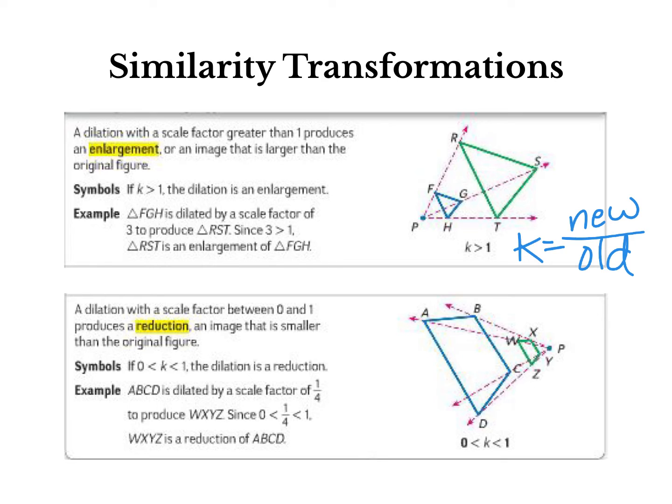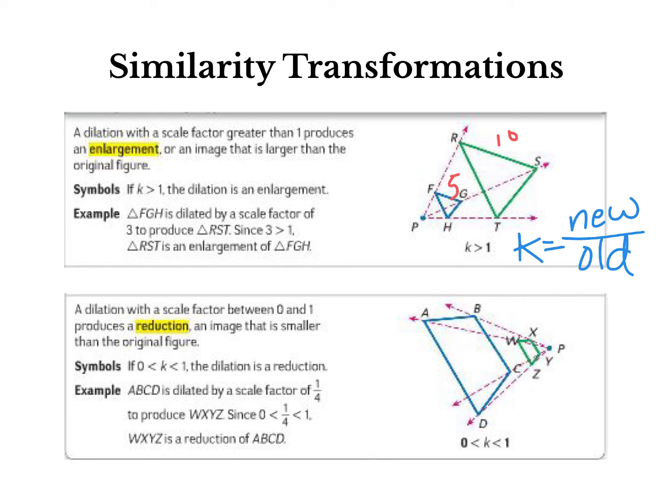Let's say that we're given this information. In this triangle on top, we have 10 and 5. If we wanted to find the scale factor, we would look at the new image. If it's going from the blue one to the green one, the new one would be the green one, and the old one would be the blue one.